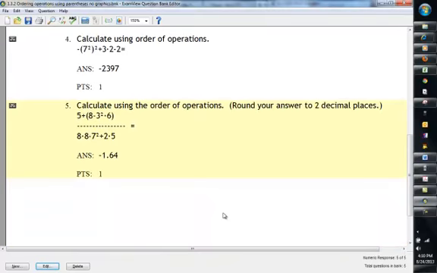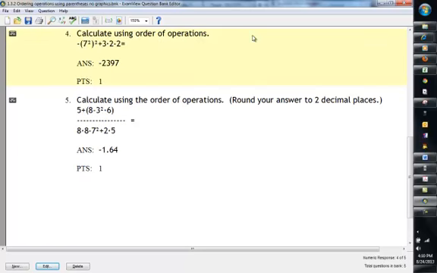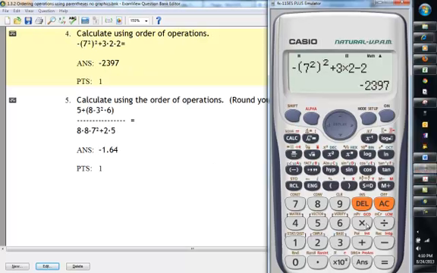2397. This next problem illustrates perfectly why you should use the calculator that you have, because you need to have the fraction written correctly. Otherwise, your calculator may be confused about what to do in this type of problem.